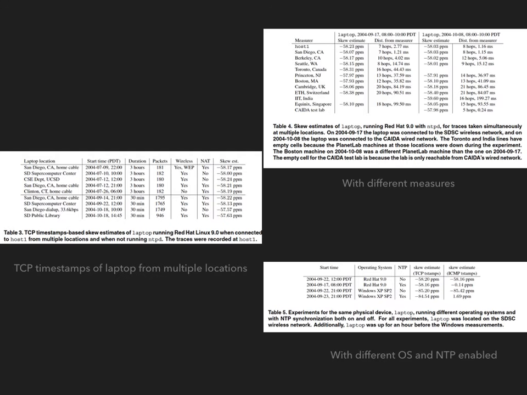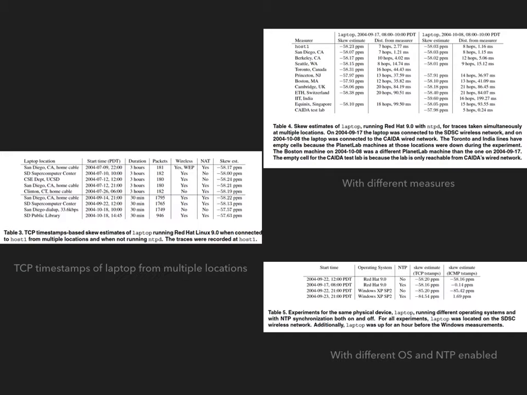For example, the left table shows the TCP timestamps of the laptop from multiple locations. Even though the device is run from different locations, the clock skew does not change much, so it is almost constant.